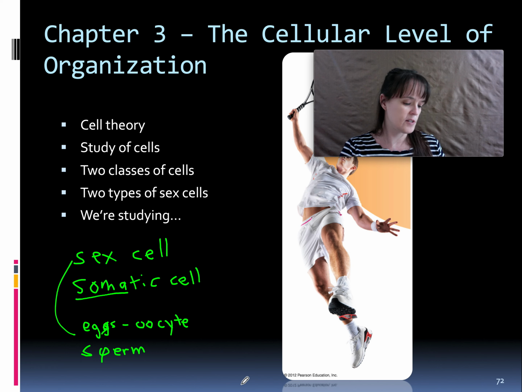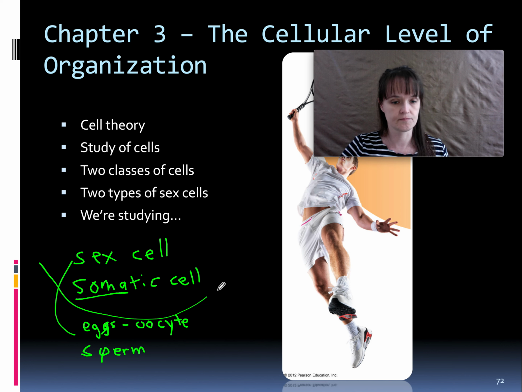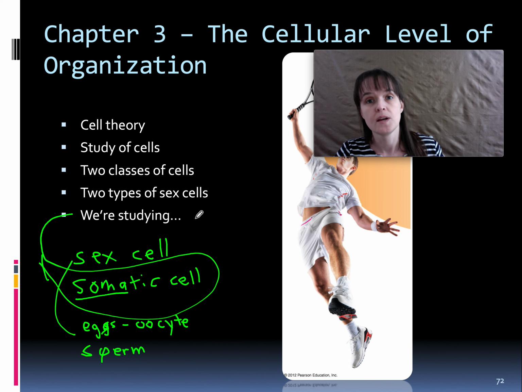Okay, which general classes of cells are we studying? Somatic cells. We are not going to study sex cells, eggs and sperm, which are made by meiosis, until the end of 2402 for test 6, when we talk about reproduction and development, which I tend to call sex and babies. We are talking about somatic cells. So what are your somatic cells?